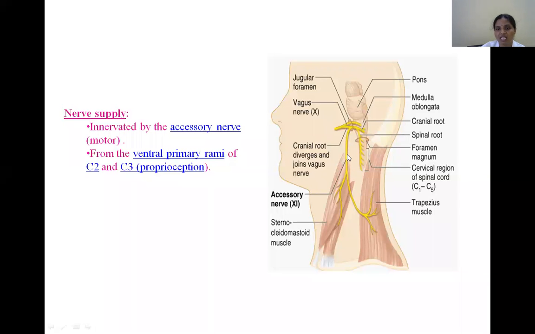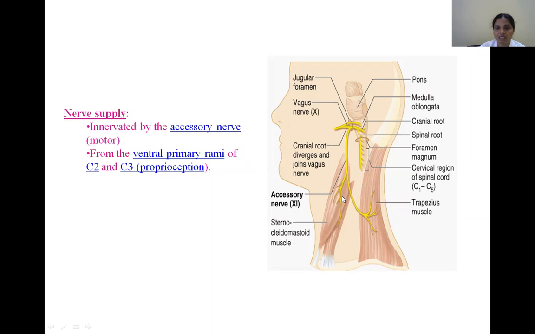Before passing through the muscle, it provides a branch to the sternocleidomastoid, and after it appears in the posterior triangle, you can see it as an important structure in the posterior triangle, right? Then it leaves the posterior triangle, disappearing after passing beneath the trapezius muscle. So this nerve is important for two muscles, the sternocleidomastoid and trapezius muscles.